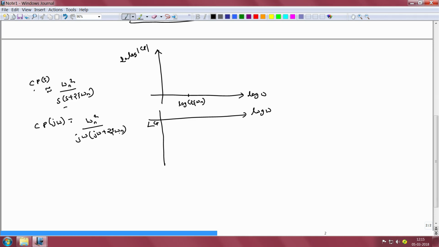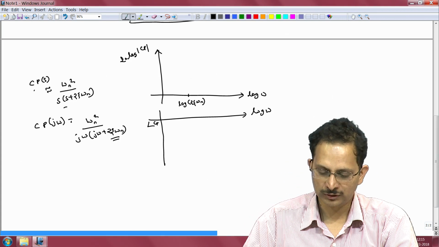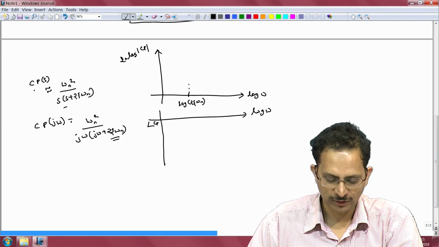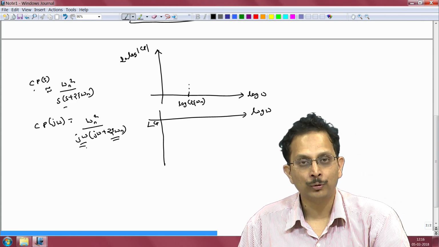We notice that there is one corner frequency at omega equal to 2 zeta omega n for this particular open loop system. So, this is the corner frequency, and we have an integrator also as part of our open loop dynamics.